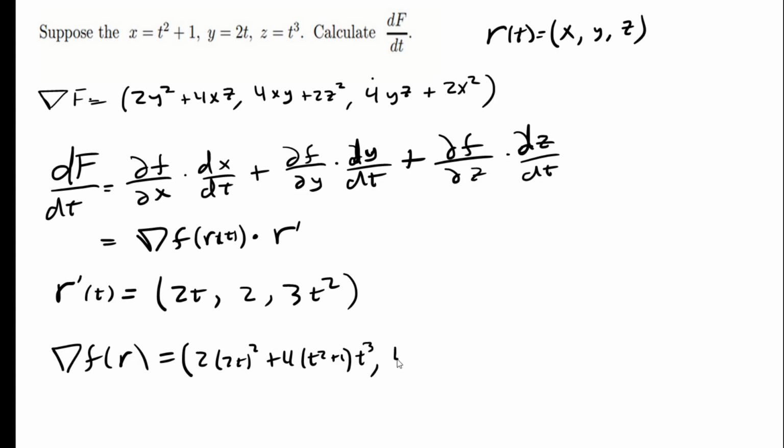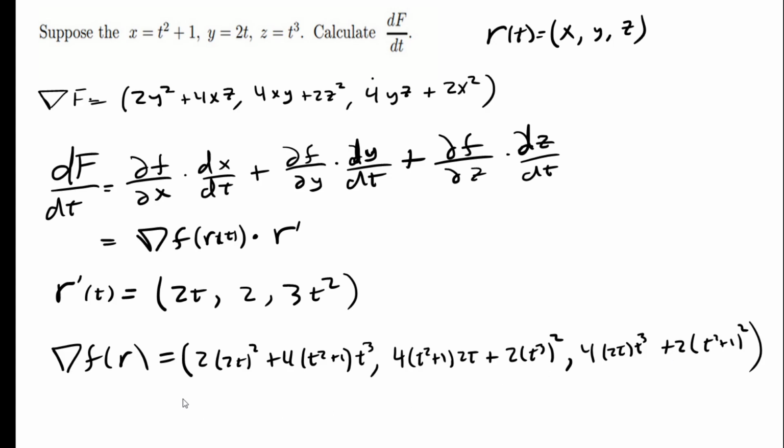And then I have 4t squared plus 1 times 2t plus 2z squared, 2t cubed squared. Then I have 4y times z, 2t t cubed, plus 2t squared plus 1 squared.